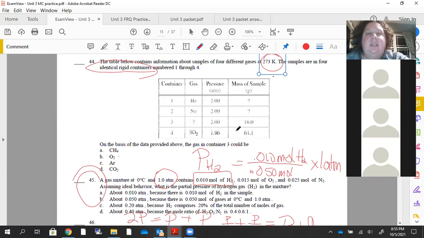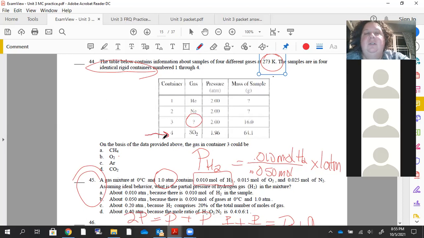If I look at these containers, they all have about the same pressure. But we're looking to figure out what gas this could be. So if they all have the same temperature, the same volume, and pretty close to the same pressure.